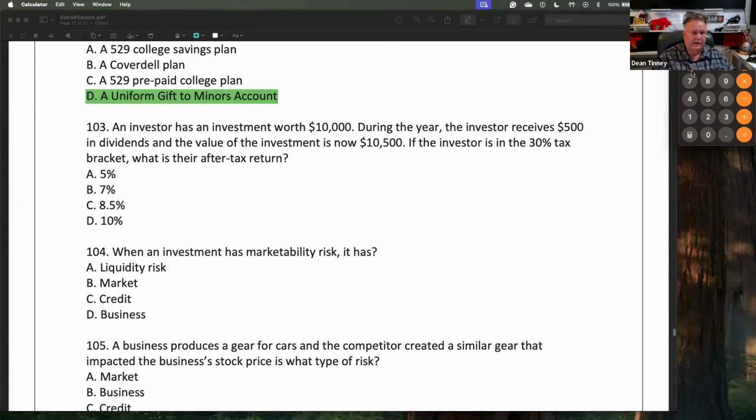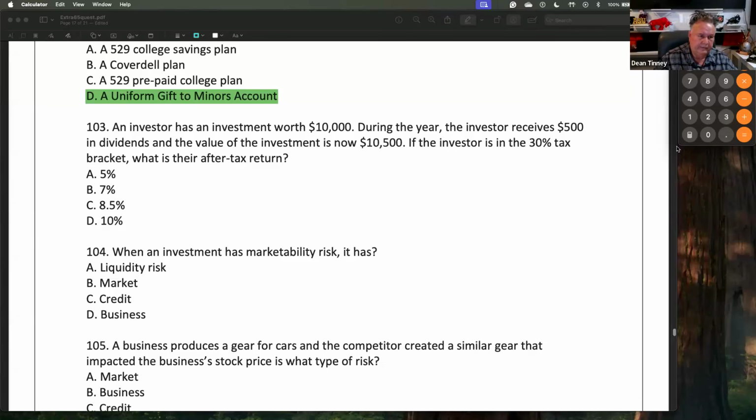I took 500. Let me get out my annotation tool. So we could do it either way. Remember, this is the performance measure that we talked about. What is my performance? I made $350 in dividends, and that's the income I've received.